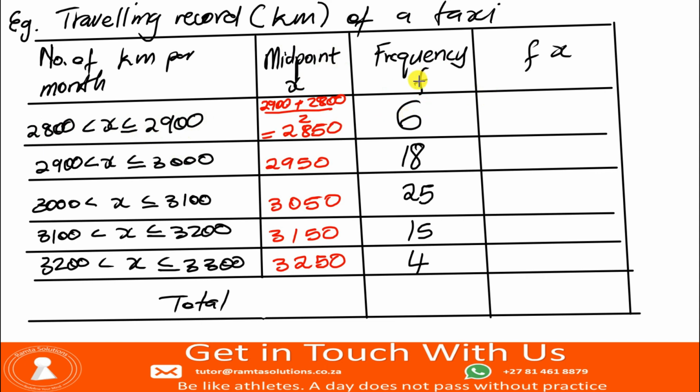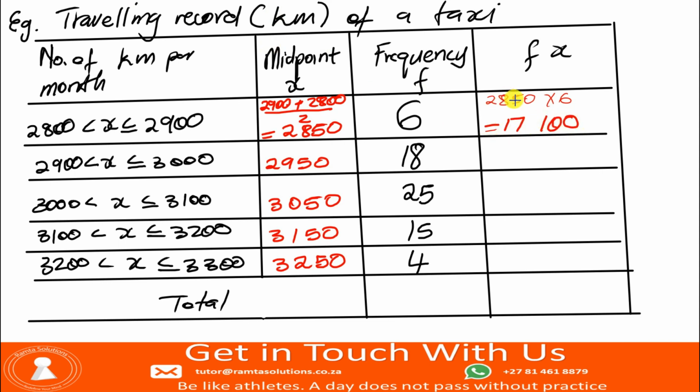All right, perfect. Now proceeding. We have our X, we have our frequency. Now let's work it out. We have 6 times 2850. Let me just show you what it is. 2850 times 6 is 17,100.